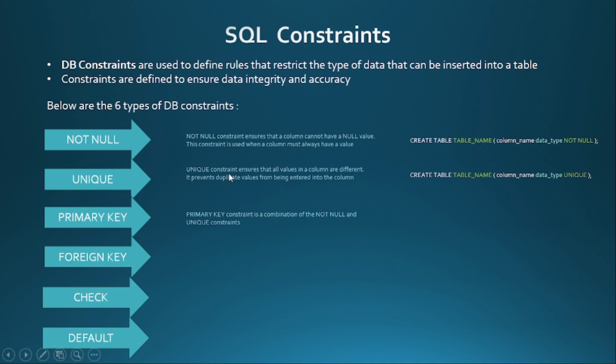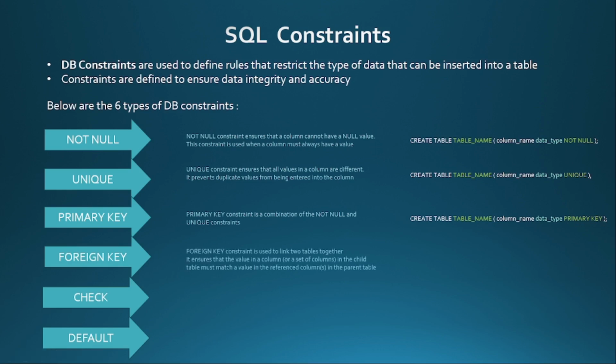Unique will accept null values. Primary key will not accept duplicate as well as null values. That is where the primary key is unique and it will not accept null values into the table column. The syntax is create table name, column, data type, primary key.